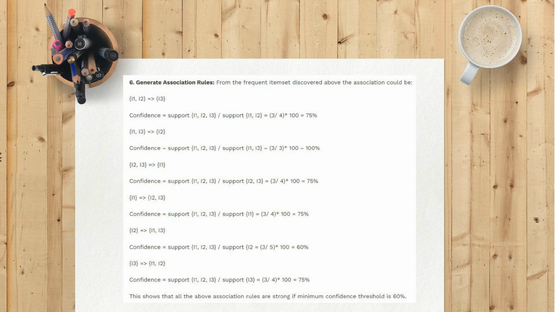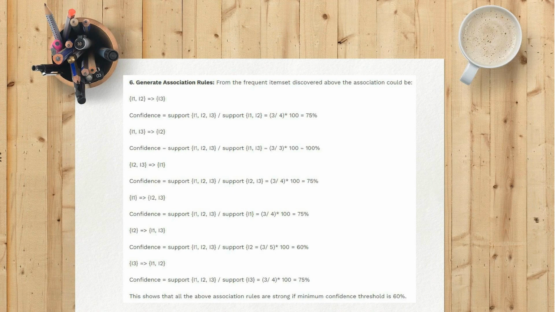Step 6. Generate association rules. From the frequent item set discovered above, the association could be I1, I2 implies I3. Confidence equals support I1, I2, I3 divided by support I1, I2 equals 3 divided by 4 multiplied by 100 equals 75%. I1, I3 implies I2.